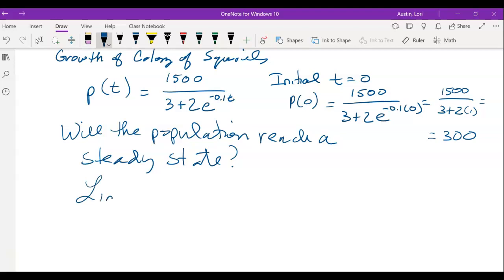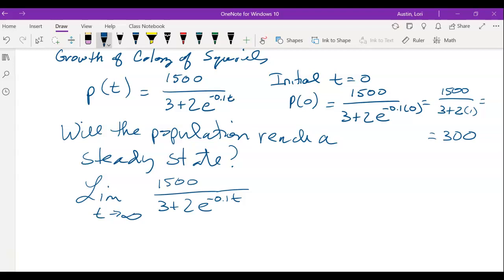I want the limit as t goes to infinity. I only care about positive infinity because time, we're not going backwards in time, we're only going forwards. So we're going to use some things that we learned last class to determine that.